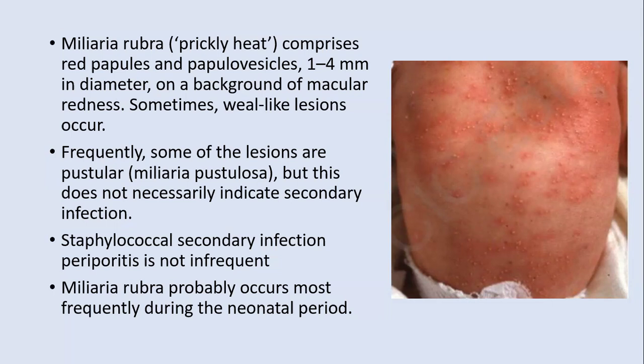Frequently, some lesions are pustular, but this does not necessarily indicate a secondary infection. Staphylococcal secondary infection is common in Miliaria rubra, which is known as periporitis. Miliaria rubra probably occurs most frequently during the neonatal period.